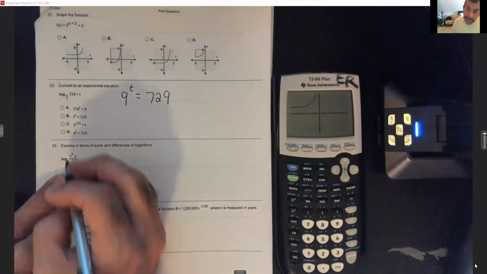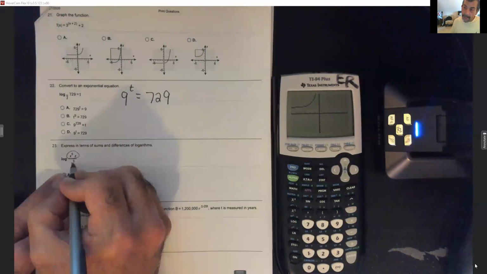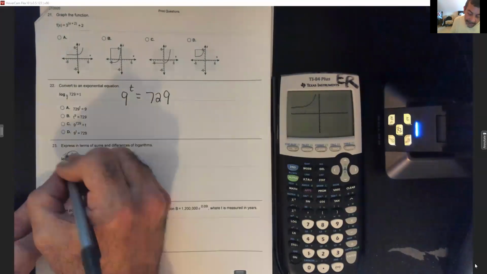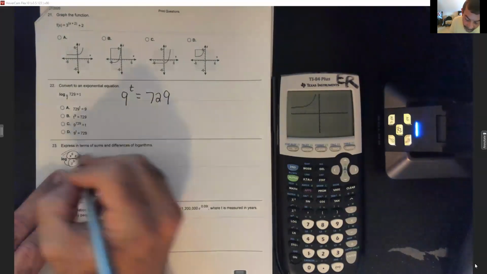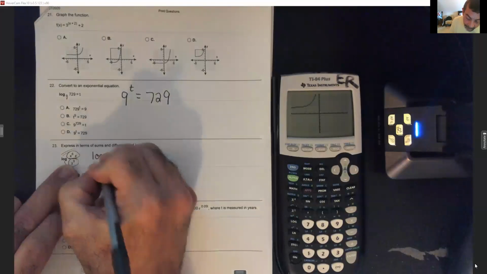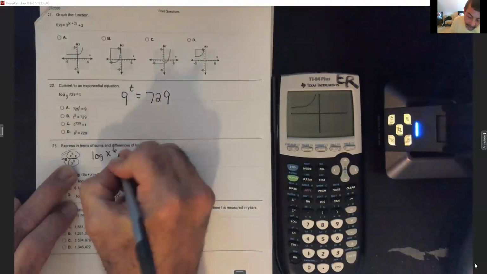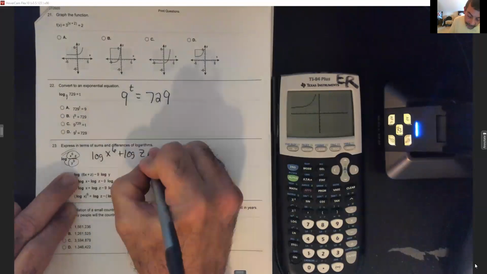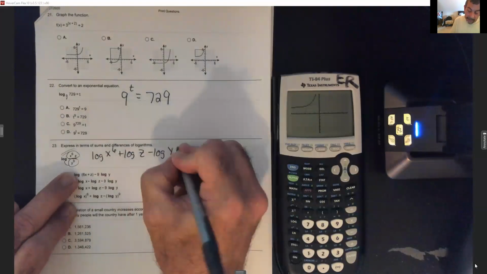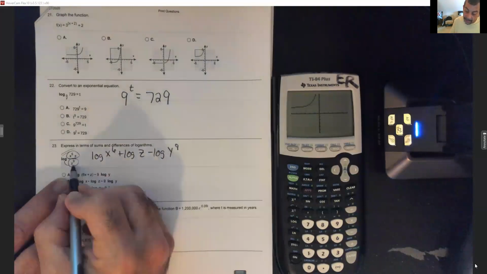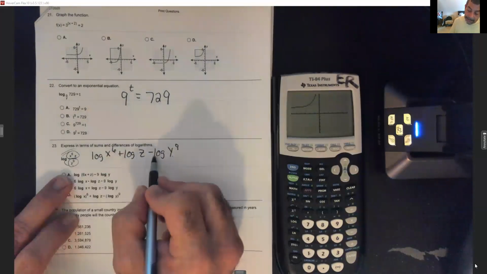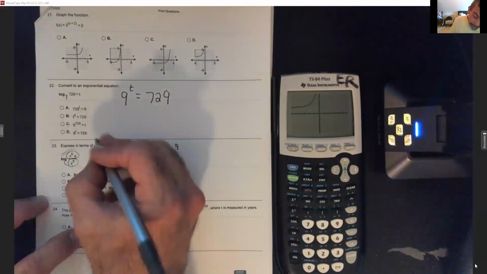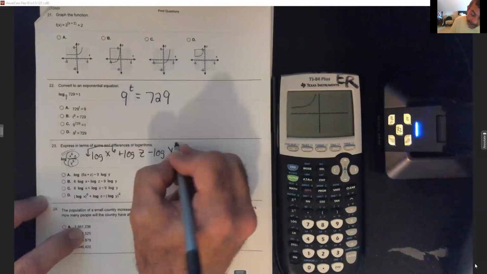All right, express in terms of sums and differences. If it's on top, it's added. If it's on bottom, it's subtracted. And I'm going to distribute that log to everybody. So I get a log x to the 6 plus a log z minus a log y to the 9th. Since the y to the 9th was on bottom, it got subtracted. Now, the only thing you want to do is bring those exponents down to the front.